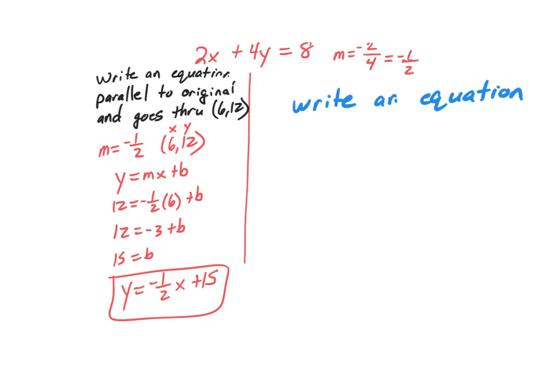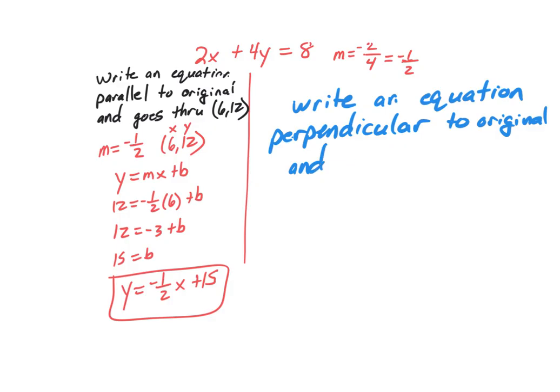Write an equation, but instead of parallel, we're going to say perpendicular to the original and goes through -2, 0. So the directions are very similar, except two things have changed. Instead of parallel, it's perpendicular, and we're going through a different point. Okay?